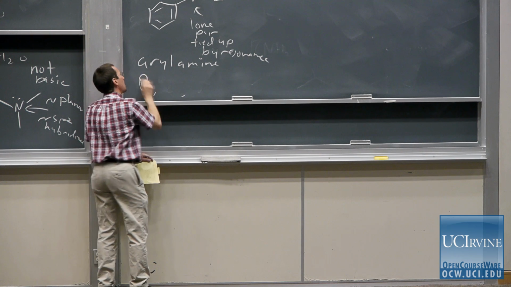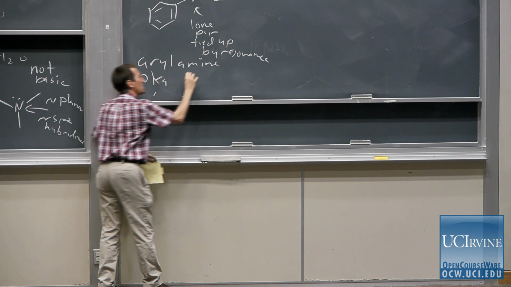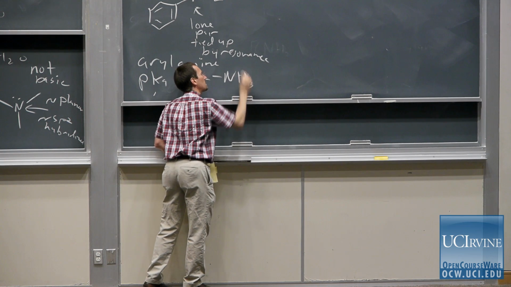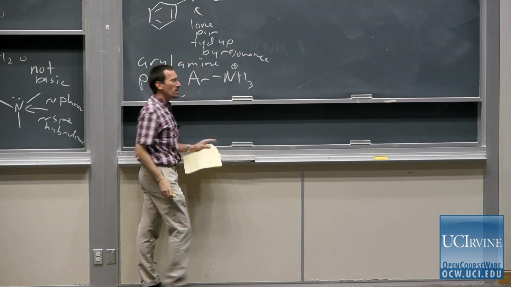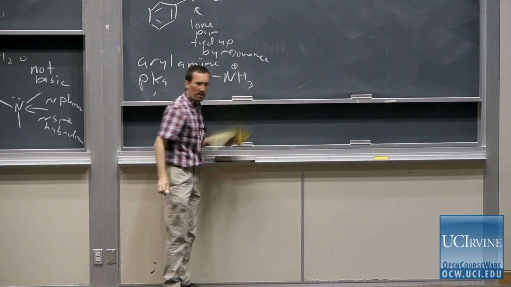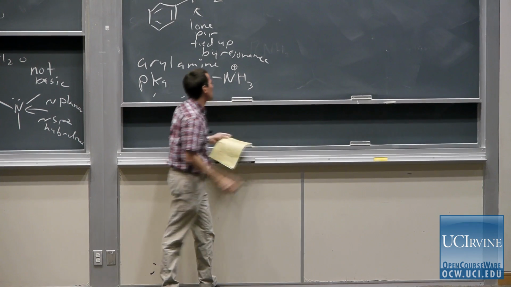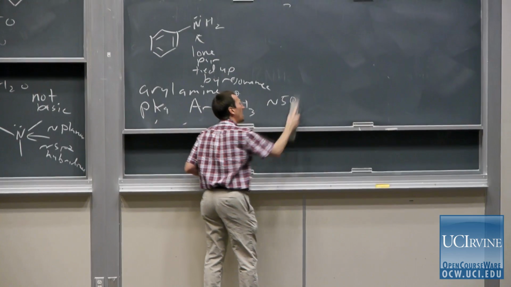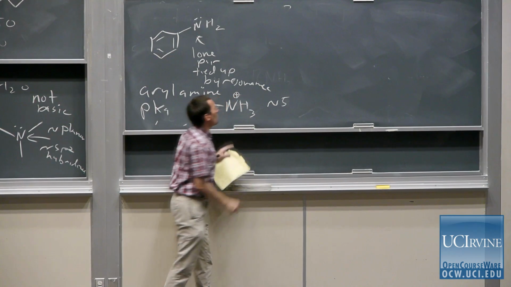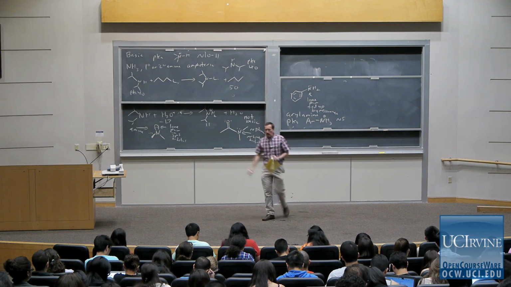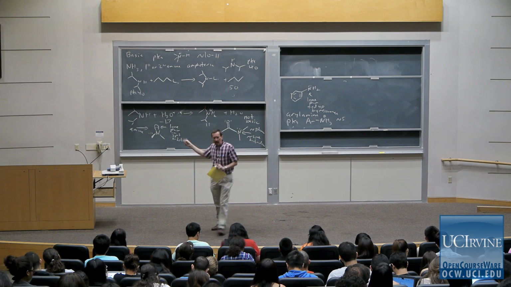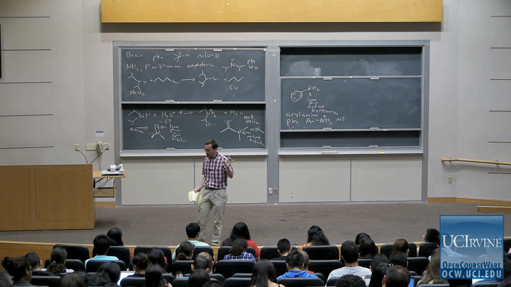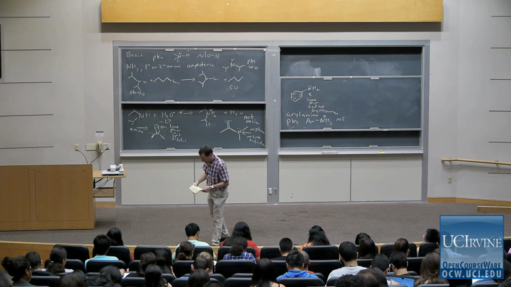And the pKa of ArNH3 plus, the conjugate acid of a generic arylamine, could be aniline, varying a little bit by substituents, we're talking about 5. Whoops, not 50, 5. So in other words, not as non-basic as an amide, but not nearly as basic as an alkylamine.